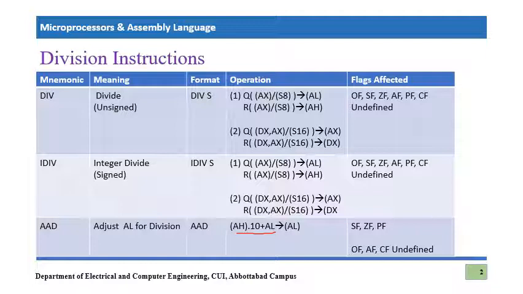Some flags are mentioned which are going to be affected, and some flags are not affected or are undefined for this instruction. I hope these details are clear from a theoretical point of view. Let's see how we are going to see these instructions in the emulator.